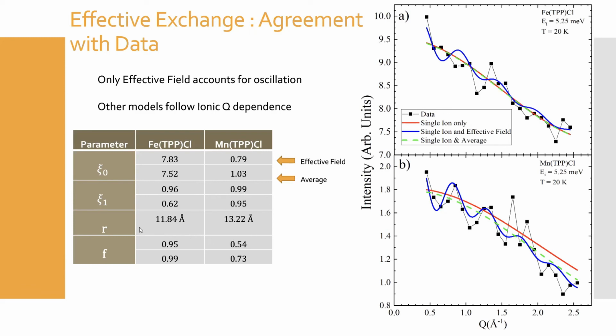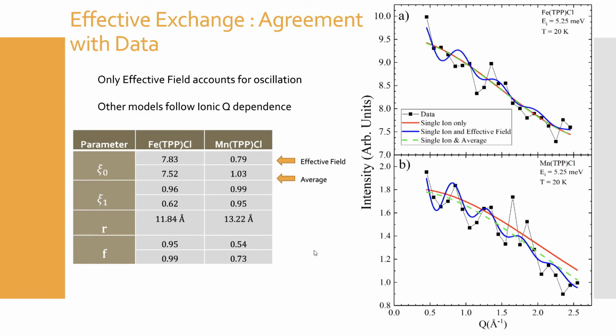And we get intramolecular distances of 11.84 angstroms for iron and 13.22 angstroms for manganese, which is all within bound of the crystal structure of these molecules.